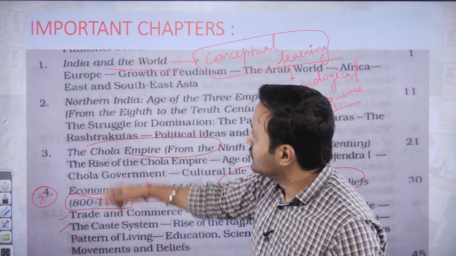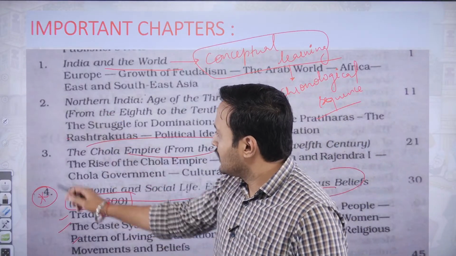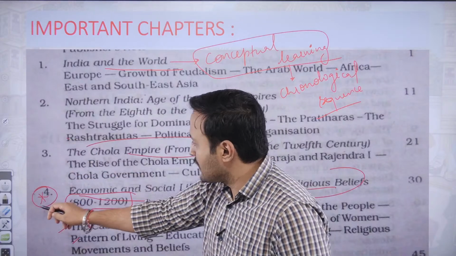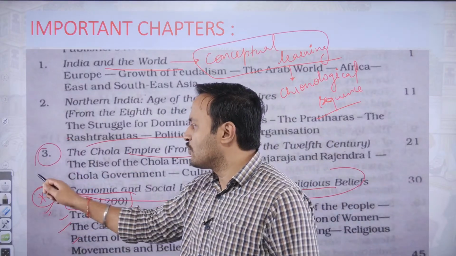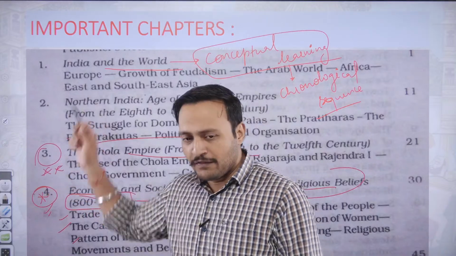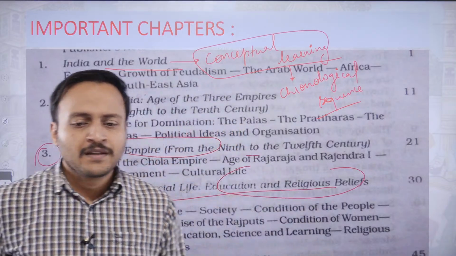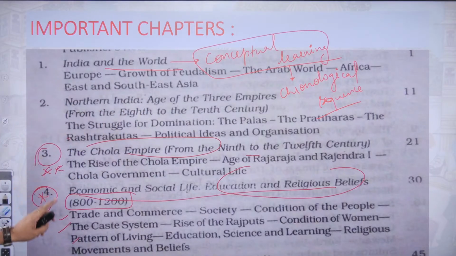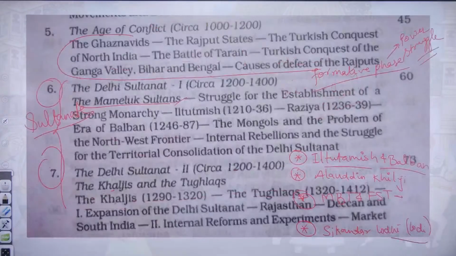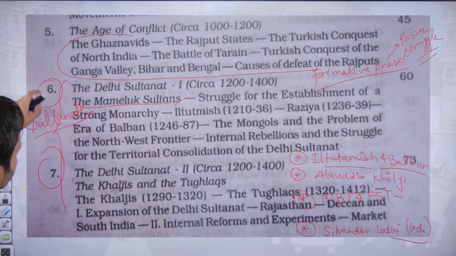So here, chapter number 4 is crucial. Chapter 3 is also very crucial because it is related to the Cholas. So in the first page you will have chapters 3 and 4. After that we have chapters 6 and 7.